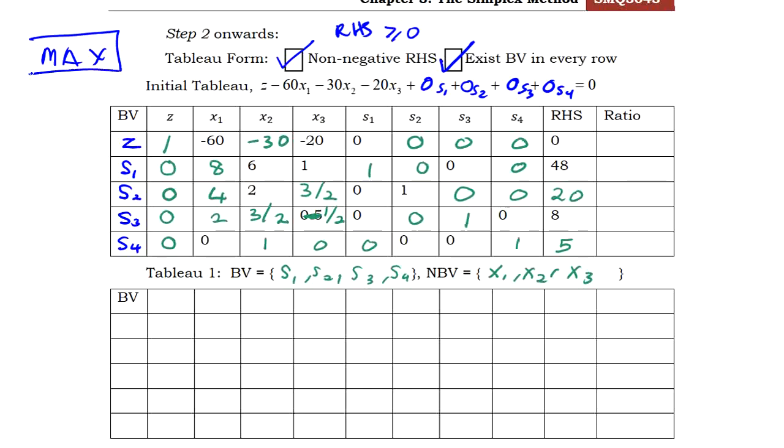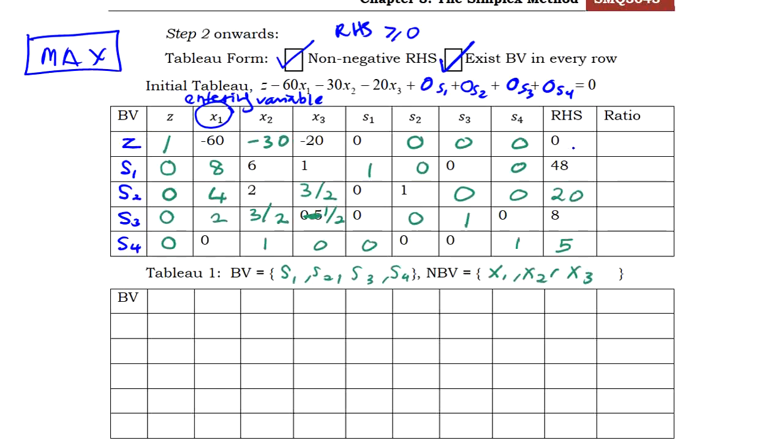For a maximization problem, we choose the variable with the most negative coefficient as the entering variable. So for this case, x1 will be the entering variable, because negative 60 is the most negative coefficient on this row 0.